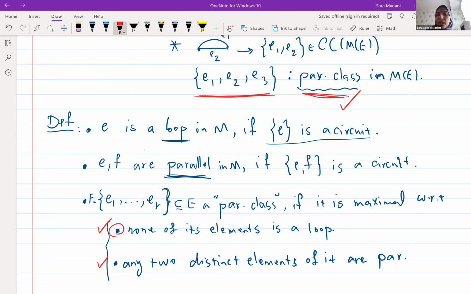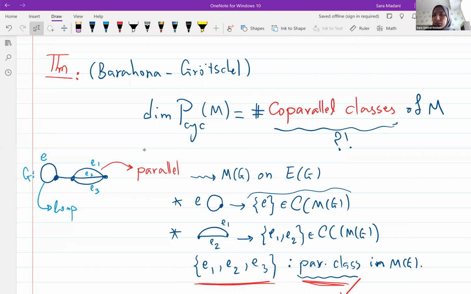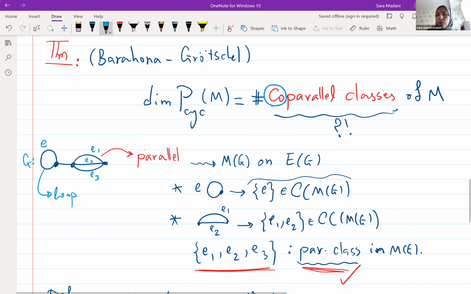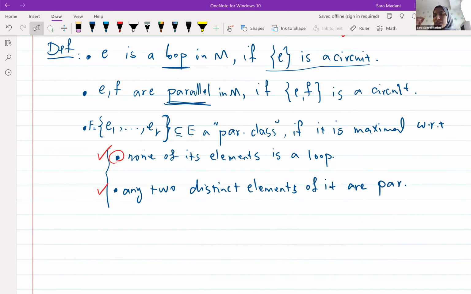We should not forget why we went in this direction. We were talking about a formula for the dimension of the polytope. But here, I do not see exactly what we learned so far. Here we have some extra co-parallel classes, but I didn't tell you anything about co-parallel classes. But very likely you can guess now what I want to tell you, because you know that this co always reminds us of the dual matroid.